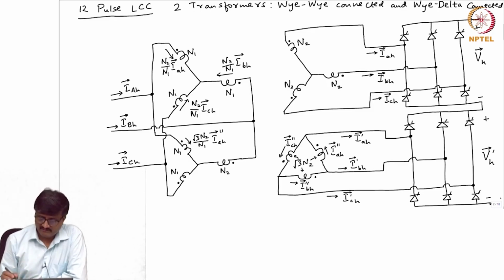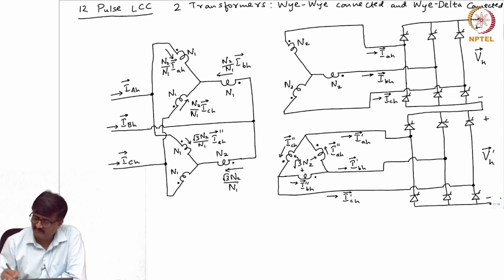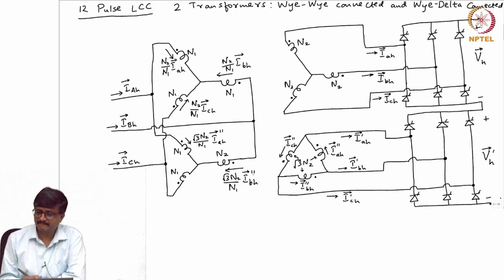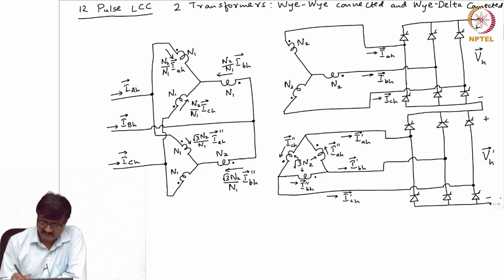Similarly, I can show that the current that is flowing in this winding is root 3 N2 by N1 IBH double prime, and the current through this winding is root 3 N2 by N1 ICH double prime.